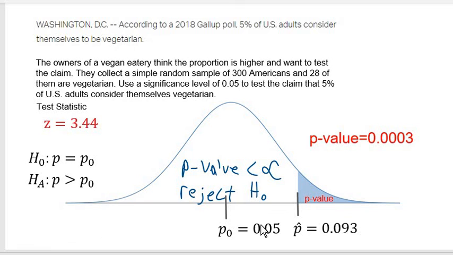I don't think the actual proportion of vegetarians in the US is 5%, because if it is, I just collected a miraculous sample. So I reject the null hypothesis there, and this null distribution is probably false. This is probably not the population proportion.